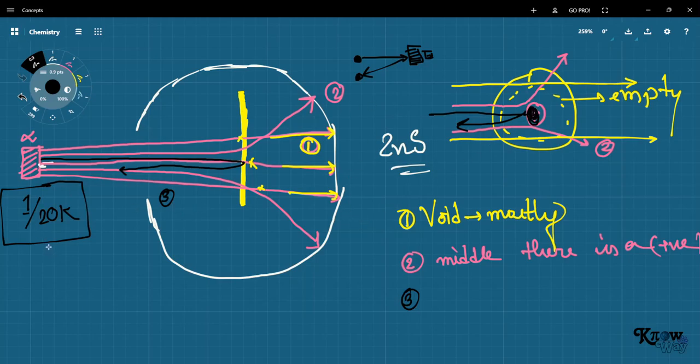If the chances were higher, let's say 10k out of 20k times we saw this third phenomenon, that would tell us that half of the inside of the atom is filled with positive charge. But that does not happen. What happens is 1 out of 20k gets back.